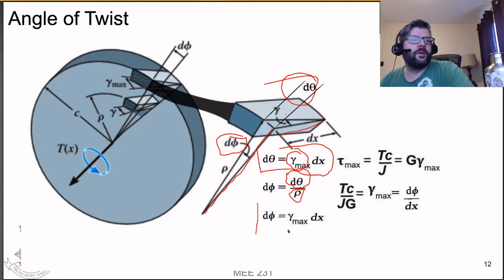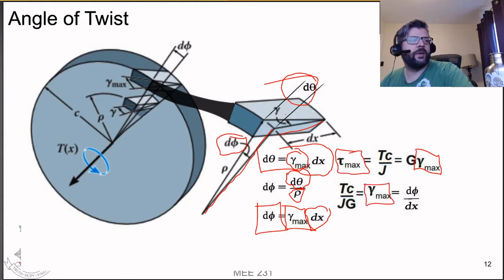So we can solve for d theta in terms of gamma max dx. And we know what our gamma max is in terms of stress. We can solve for gamma max by dividing out the G, the shear modulus, to give us this.